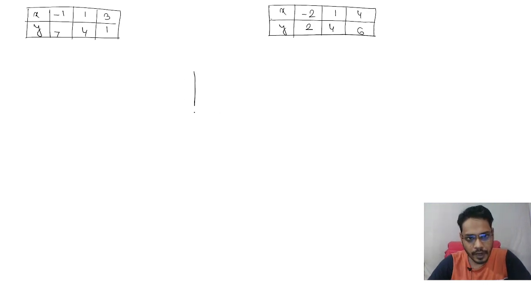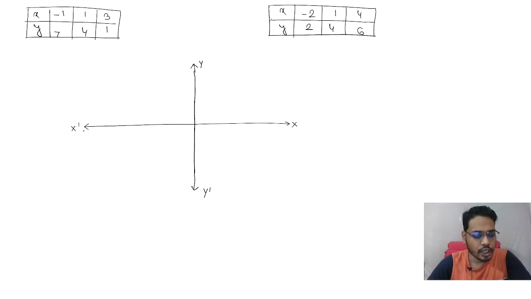Now if you plot these points on the graph, so it will be the y-axis and it will be the x-axis. It will be y dash, it will be x and x dash. If you plot, so that is minus 1, 7.